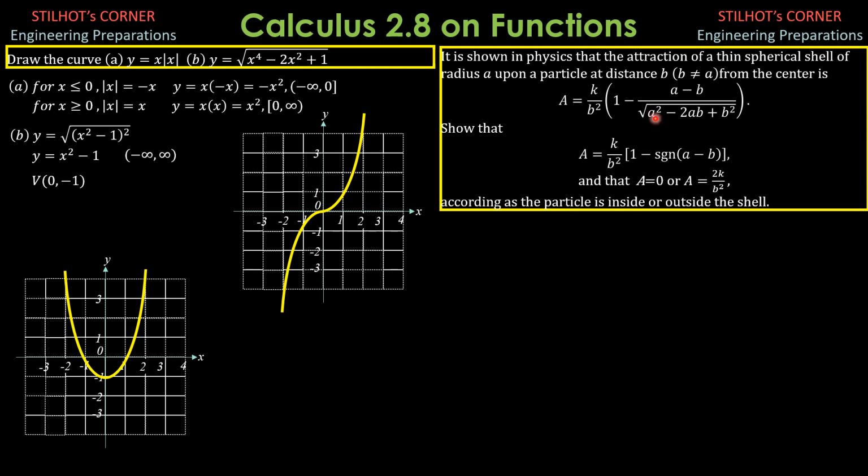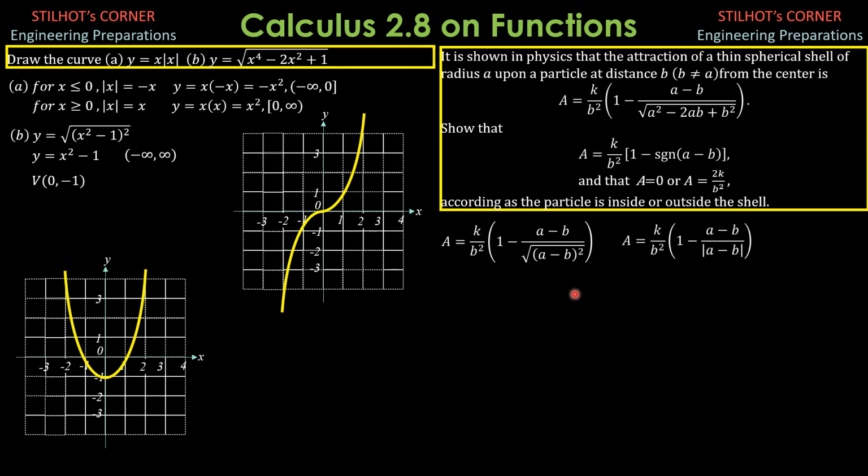So this is the square root of (a minus b) quantity squared. So A is k over b squared, quantity 1 minus a minus b all over the square root of (a minus b) quantity squared. And the square root of (a minus b) quantity squared may also be represented by the absolute value of a minus b. So A is k over b squared, quantity 1 minus (a minus b) over the absolute value of a minus b.